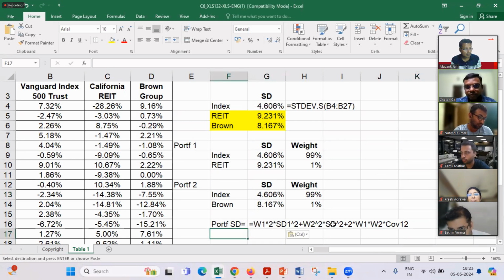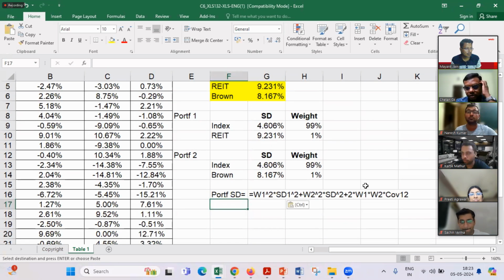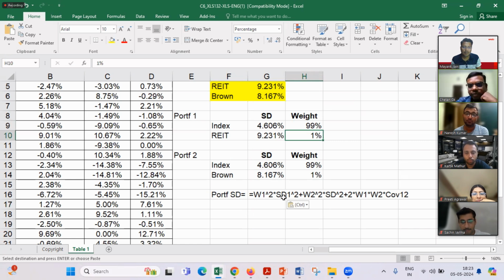Yeah, you can see the portfolio standard deviation equation I have written here. So W1 is weight 1. This is your weight 1 and this is your weight 2. So weight 1 squared multiplied by standard deviation 1 squared. This is standard deviation 1, and this is standard deviation 2. You have to square, then multiply, and then add.